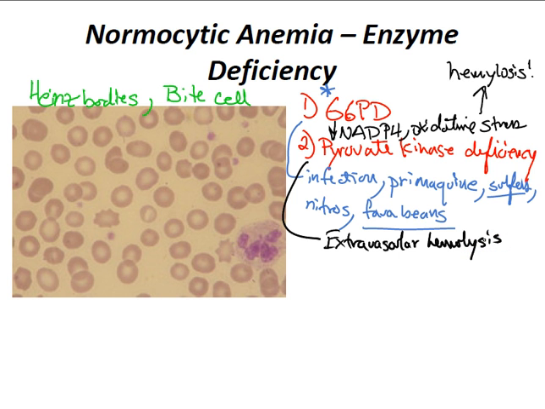Pyruvate kinase is an ATP-producing enzyme in the glycolytic pathway. Since RBCs can only produce ATP through glycolysis, this deficiency severely affects the ability of RBCs to produce energy. So decreased ATP production in the RBC causes altered membrane integrity. Therefore, what do we get? We get hemolysis.